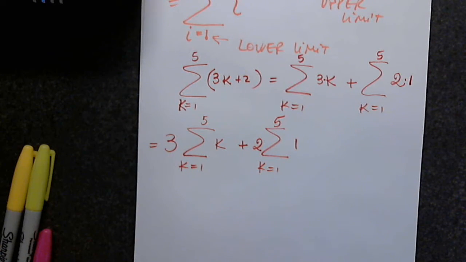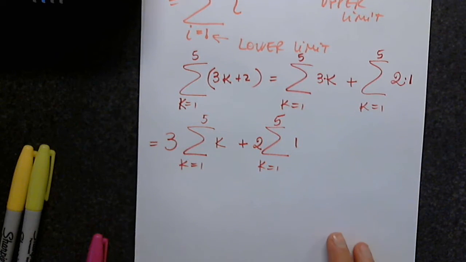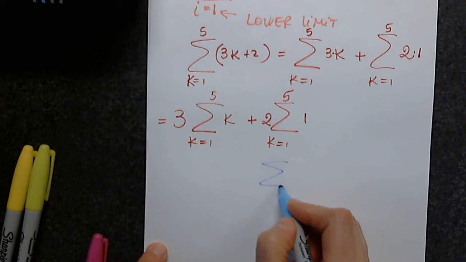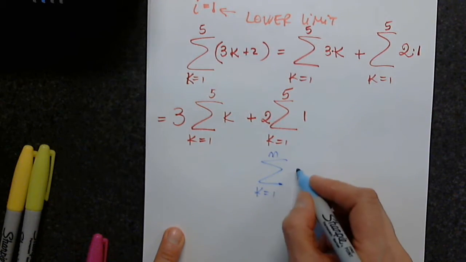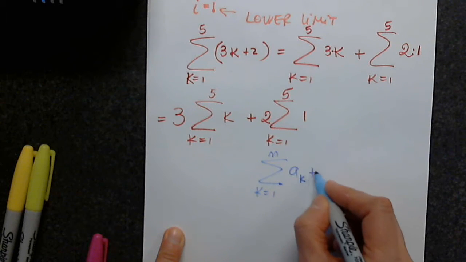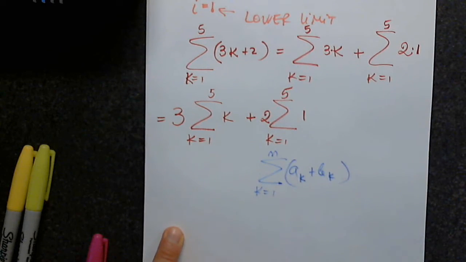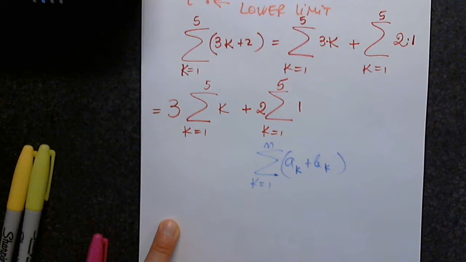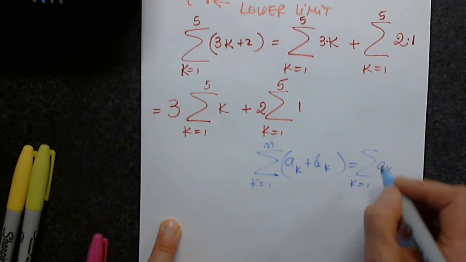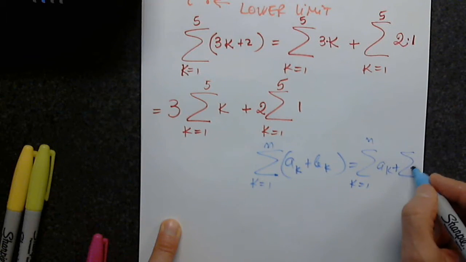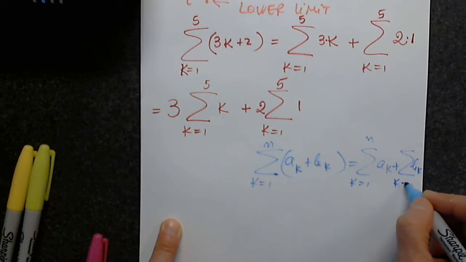So basically, I showed two properties here. Here's the first property. The sum from K equals 1 through N of AK plus BK, two generic terms based on K, is the sum of AK from K equals 1 through N, of course, plus the sum of BK from K equals 1 through N.